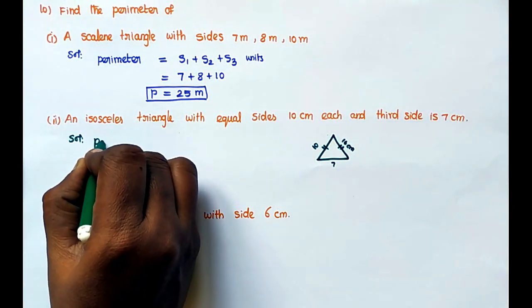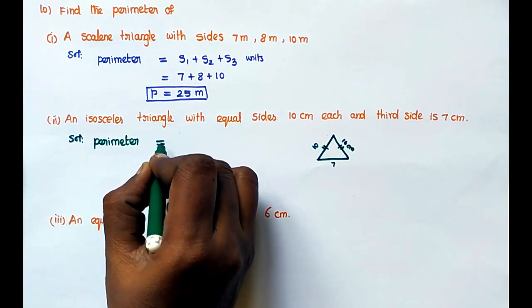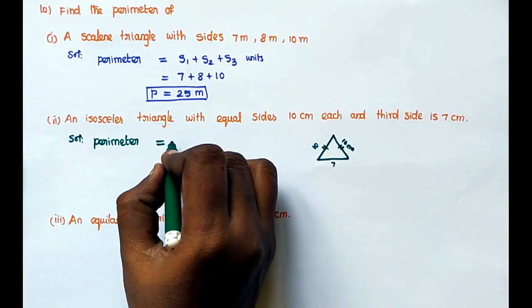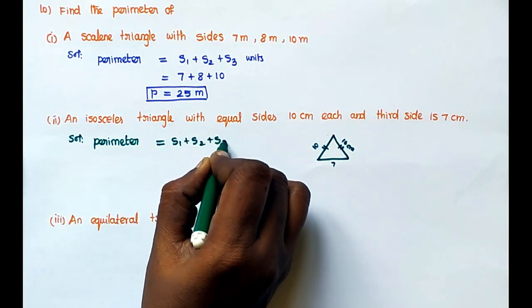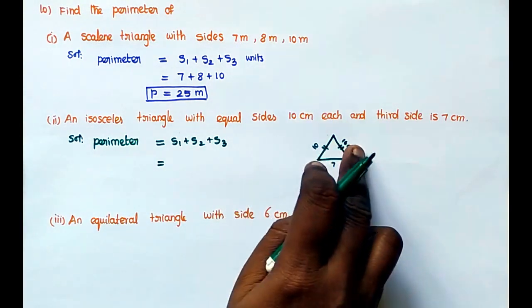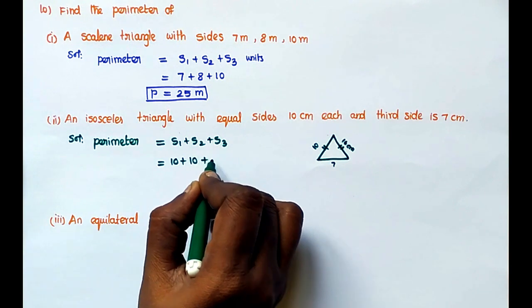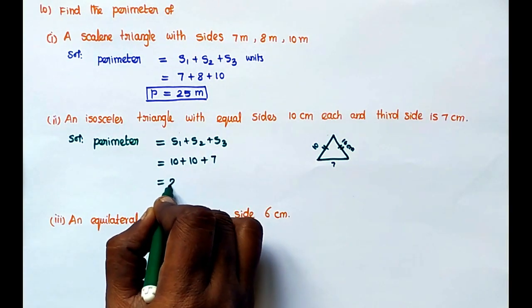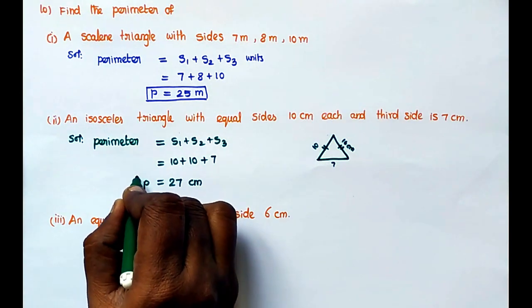So perimeter is equal to, what are the sides? S1 plus S2 plus S3. Here S1 and S2 are equal, that is 10 plus 10 plus 7, that is 27 centimeter, that is the perimeter.